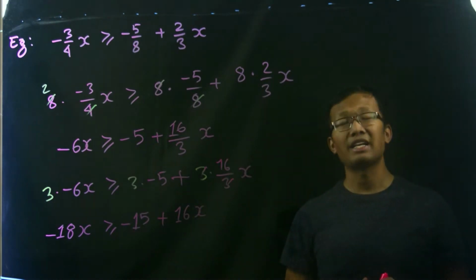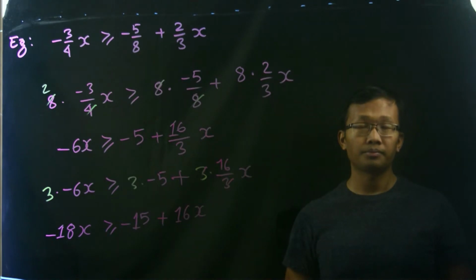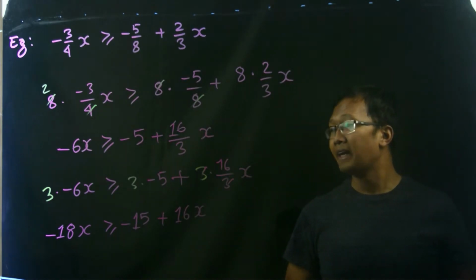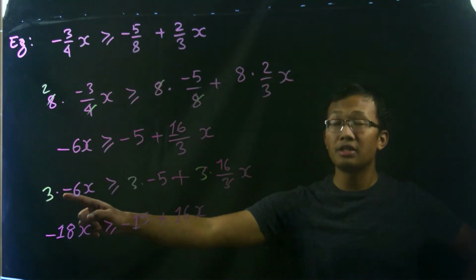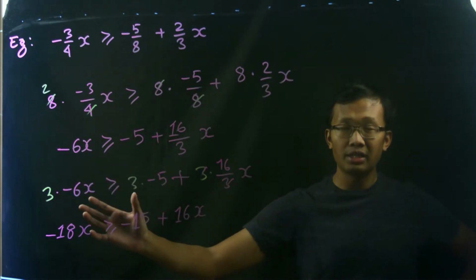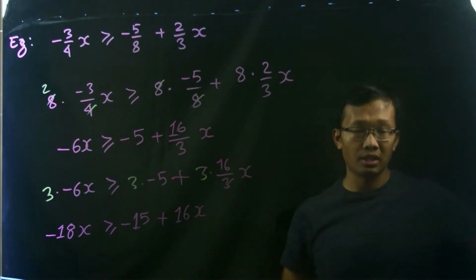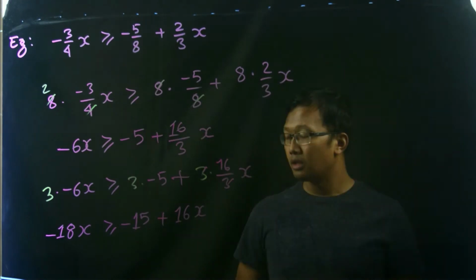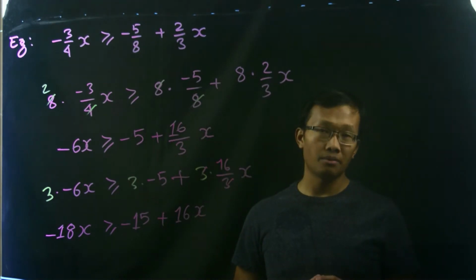Now it's slightly easier to calculate. Here also, since 3 is a positive number, multiplying an inequality by a positive number won't change the inequality sign. Now let us gather the like terms on one side.